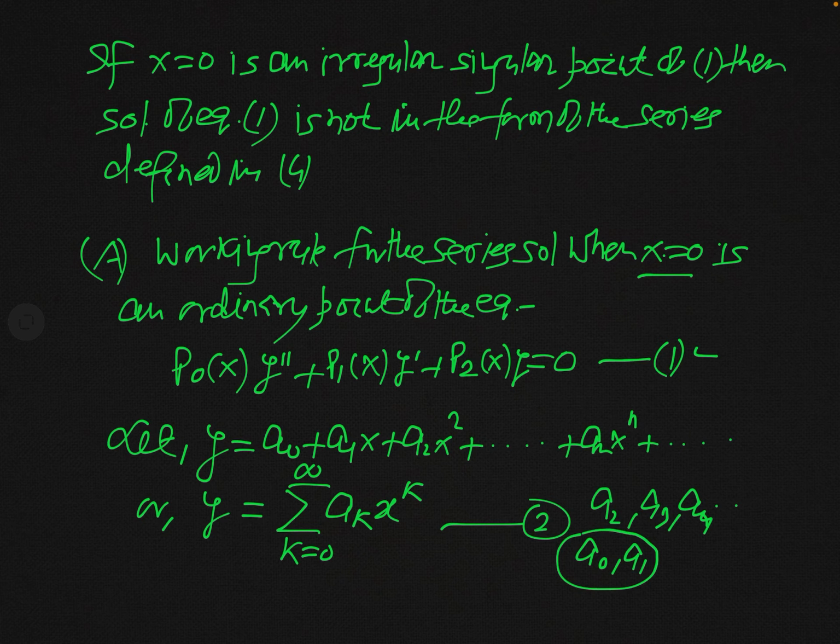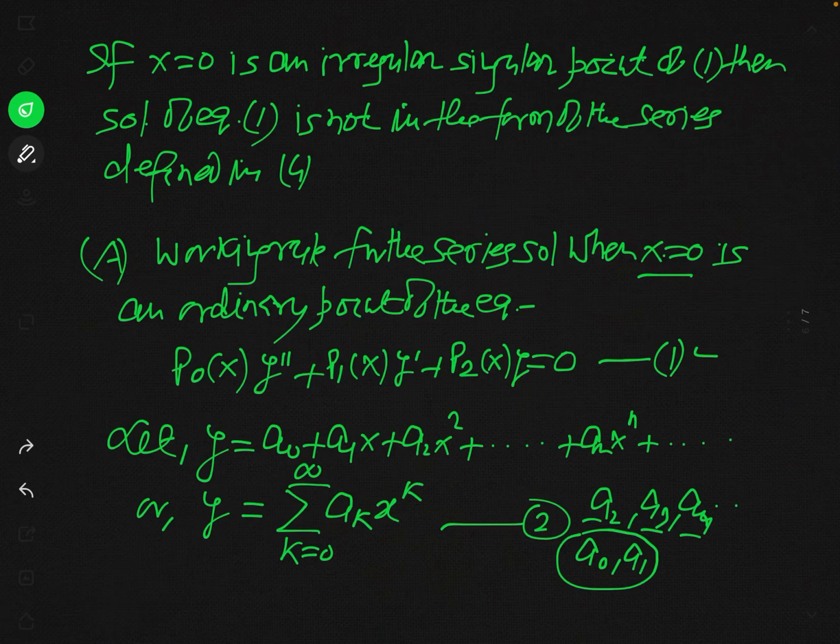We do not need to evaluate a naught and a1, and you cannot evaluate them. These constants should exist in our solution because this is an equation of second order. So how will we evaluate these coefficients in terms of a naught and a1?